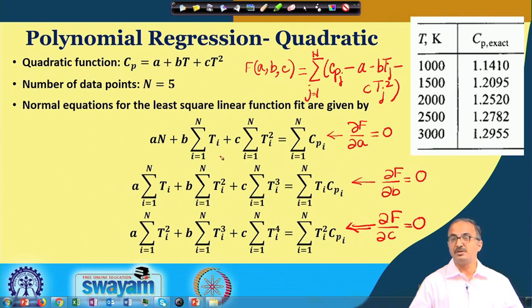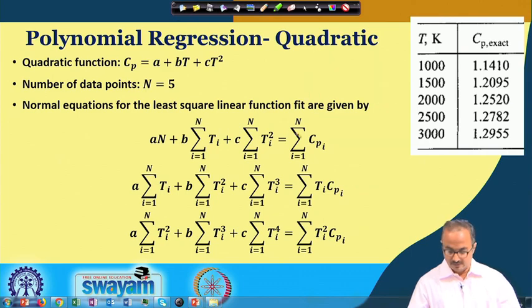There perhaps we can do it manually, but as the number of equations increases, you have to use efficient matrix methods, and sometimes you have to go for some coding. For these codings, it is always preferable that you develop your own code, so that you also develop some coding skill. That always helps you. Otherwise, you can also use standard packages like Excel or MATLAB to solve this set of equations.